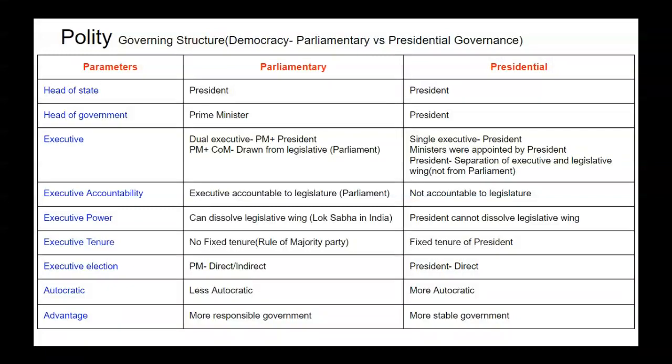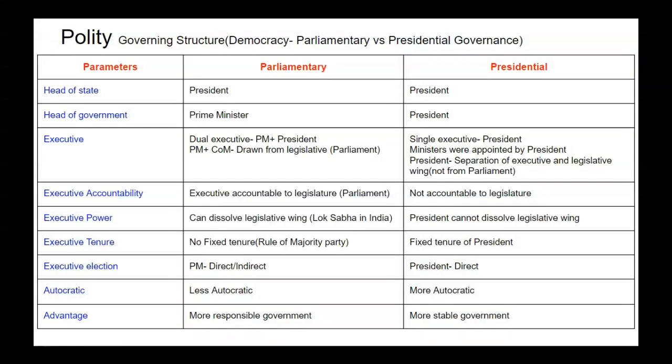But in presidential form of government, the executive is not accountable to the legislature. Regarding executive power, the parliamentary form of government can dissolve the legislative wing, like Lok Sabha in India. But in presidential form of government, the president cannot dissolve the legislative wing.